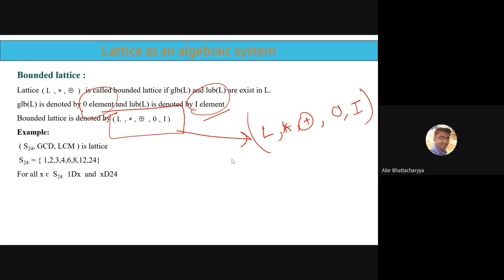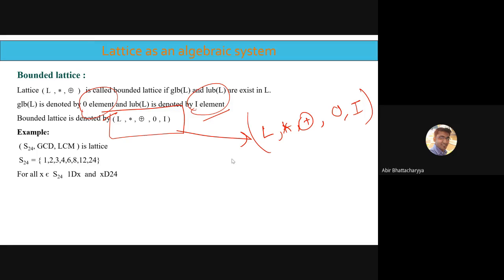Now for all x belonging to S24, 1 divides x and x divides 24. Is this line clear? For all x belonging to S24, 1 always divides x and x always divides 24. X can be anything inside S24. X may be 1, 2, 3, 4, 6, 8, 12, 24, whatever.